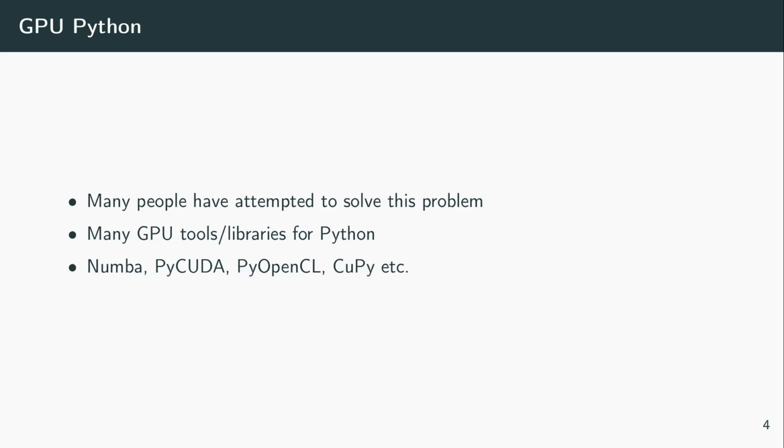Luckily, many people have attempted to solve this problem. There are many GPU tools and libraries for Python, and for other data science and numerical languages like R, Julia, and so on. But in Python, NumPy, PyCUDA, PyOpenCL, and CuPy are some of the most well-known examples.